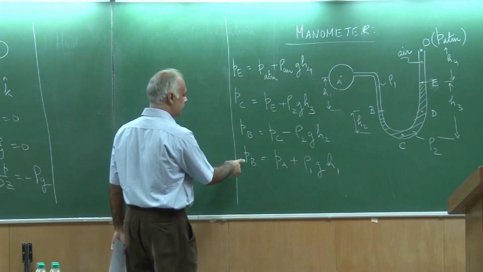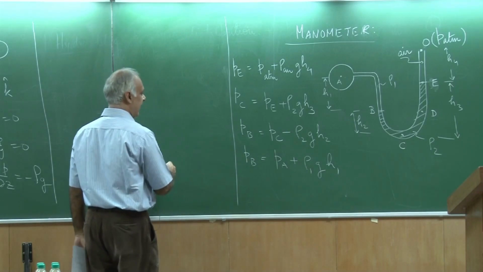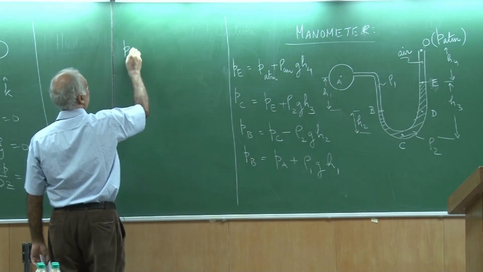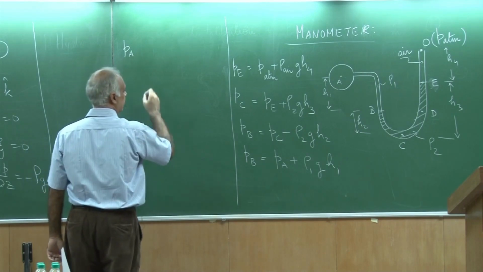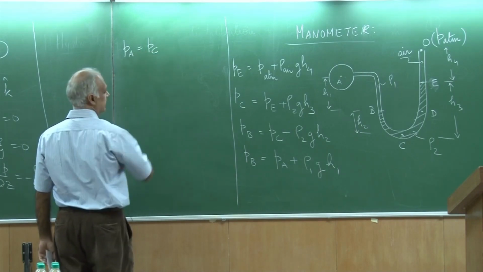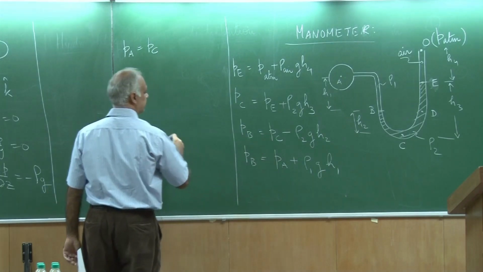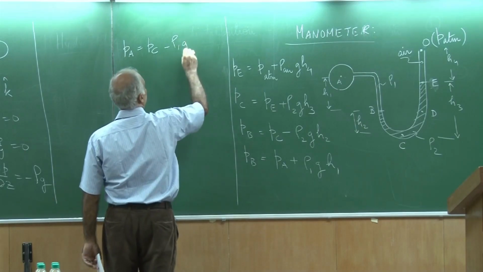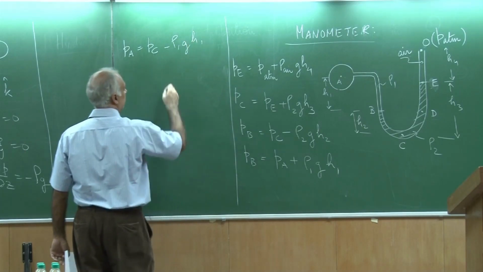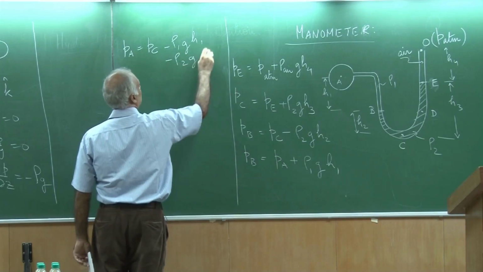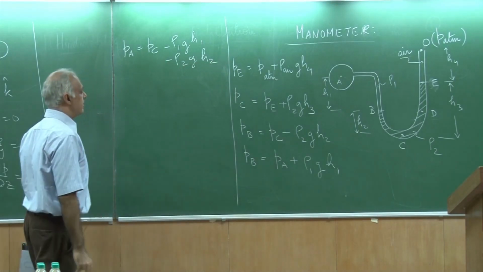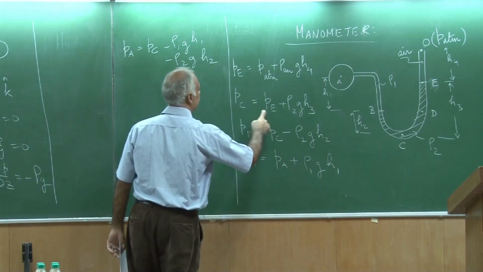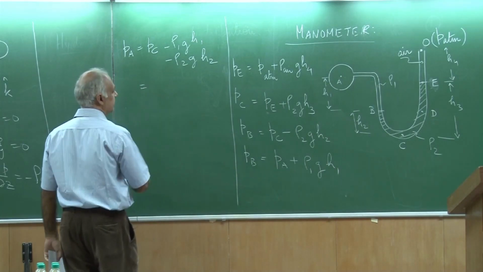Okay, so we can now substitute for these different equations, and let us see. So, I have PA, this is equal to PC minus rho 1 G H1 minus rho 2 G H2. But PC I already know is this quantity over here, so let me substitute for that.